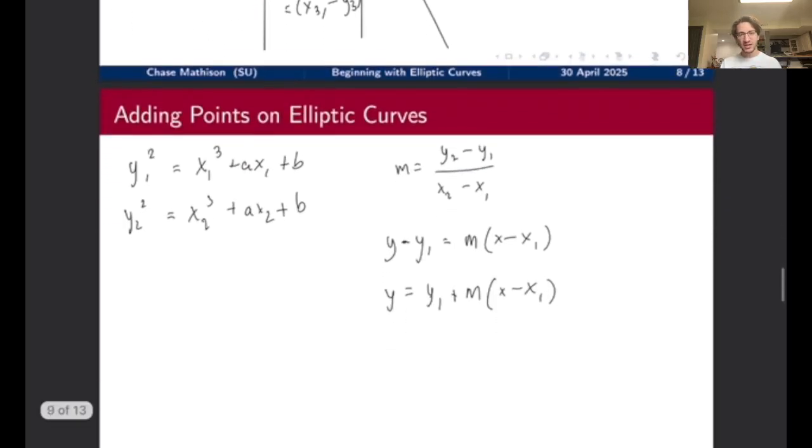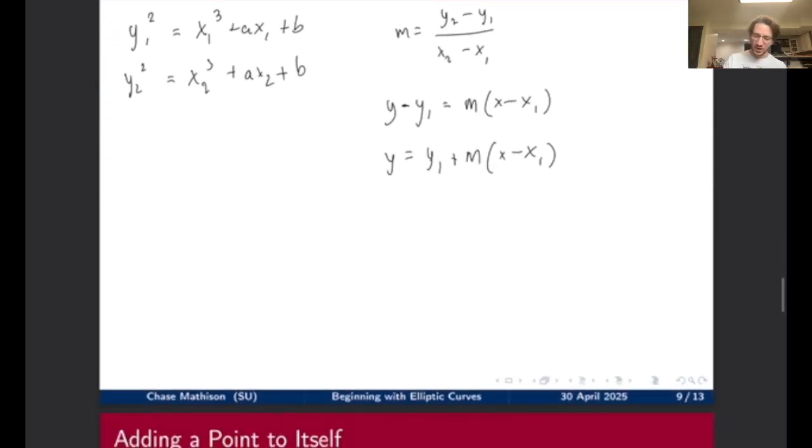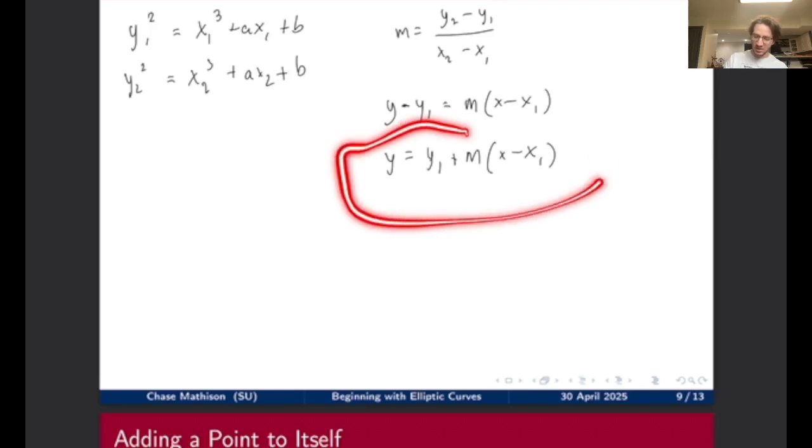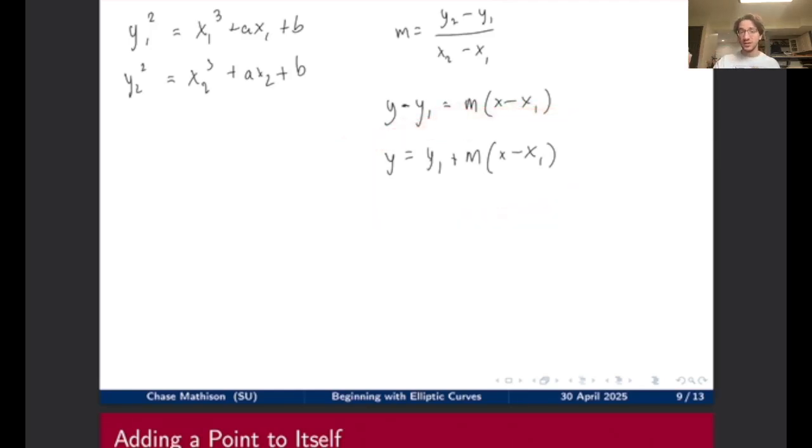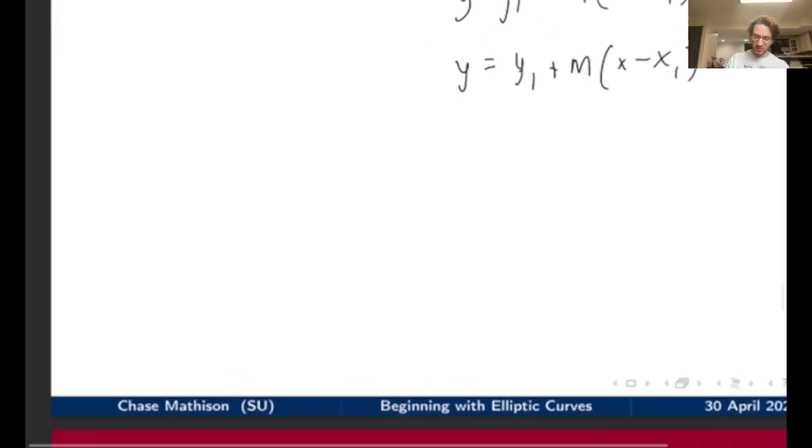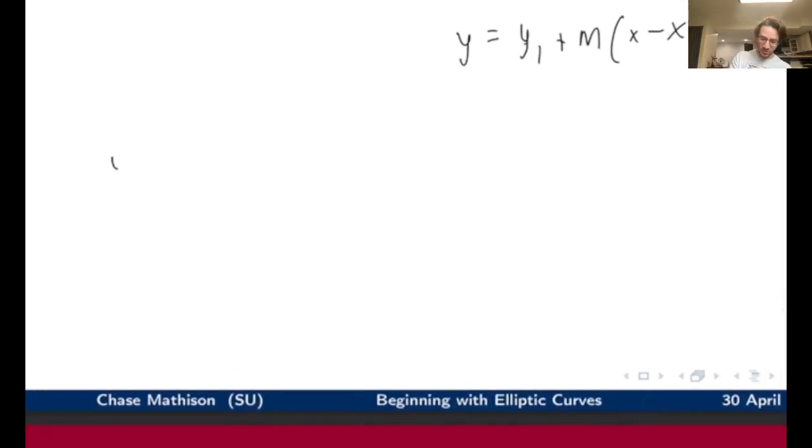So let's find that third point of intersection by plugging this equation of our line into the equation of the elliptic curve, y squared equals x cubed plus ax plus b. We want to find the point of intersection of these two curves.